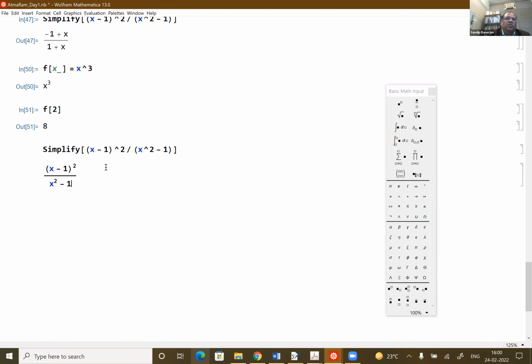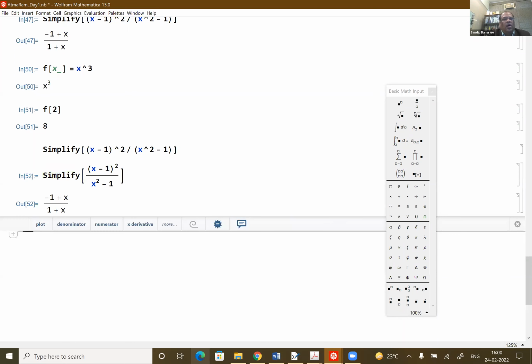So now this is the kind of representation we are mostly familiar with. So if you write simplify here, this is exactly what you got here.